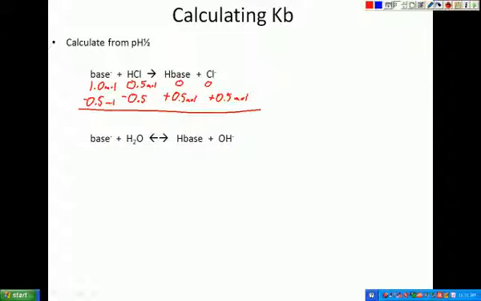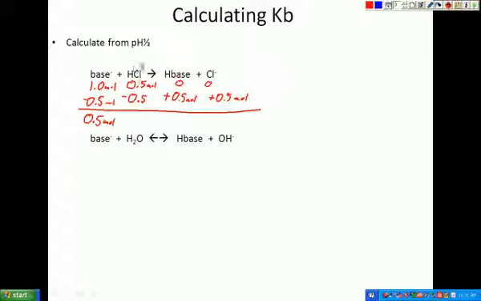Okay? So what I'm trying to say is that we have excess amount of base in our solution at the time of pH half. So how much excess do we have? Well, we have 0.5 moles. Okay.